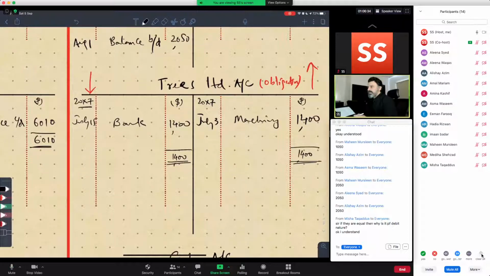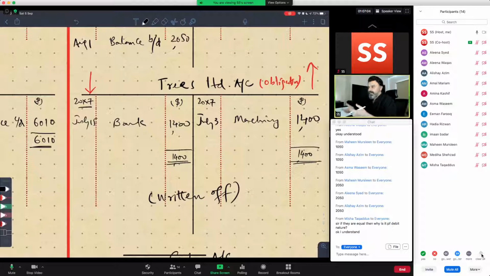Such an account, where the two sides are always equal, is said to have been written off. We write off such accounts. Every account that is already balanced and there is no balance to be calculated, that means that particular account needs to be eliminated from our ledger. We don't need that information anymore.